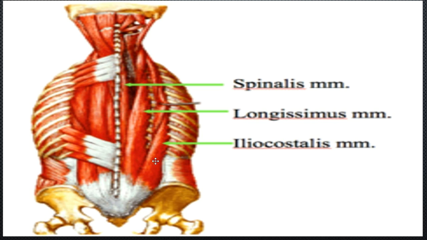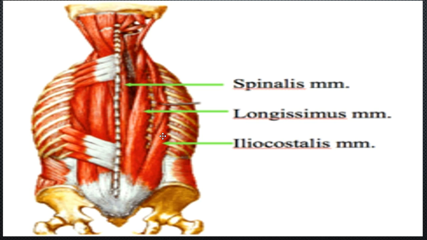Iliocostalis resides laterally to the other muscles, and its fibers attach to the ribs and the transverse processes of cervical vertebrae from 7 to 6.